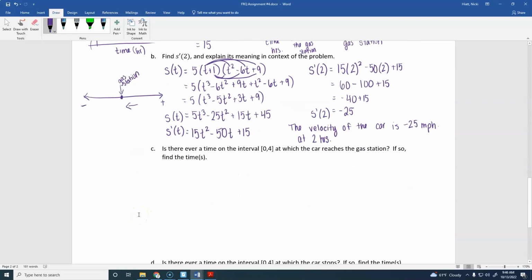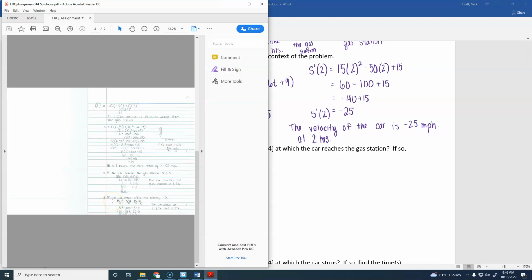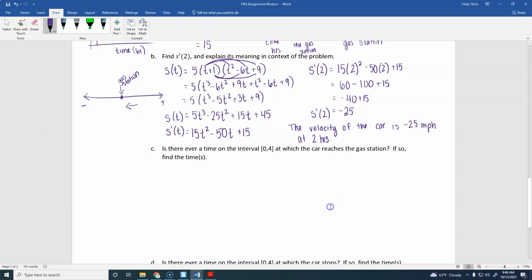All right. C wants to know, is there ever a time on the interval from 0 to 4 at which the car reaches the gas station? If so, find the times. So there are a couple ways that you could approach this.